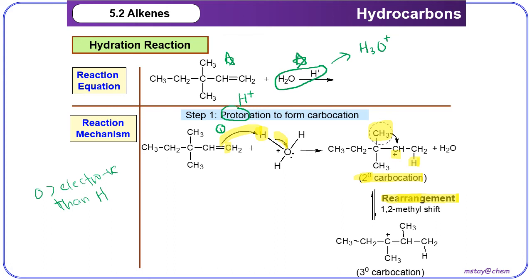Because the methyl group shifts to the positive charge of the carbocation ion next to it, we call it 1,2. The one that shifts is the methyl, so this rearrangement is known as a 1,2 methyl shift. After changing, you will notice that this carbocation ion is now tertiary, which is more stable compared to the secondary carbocation ion.